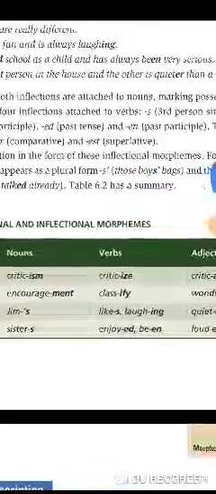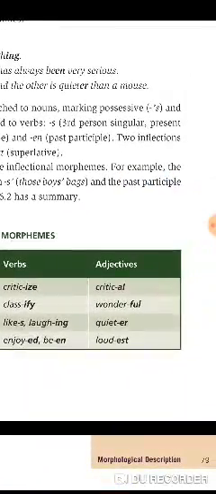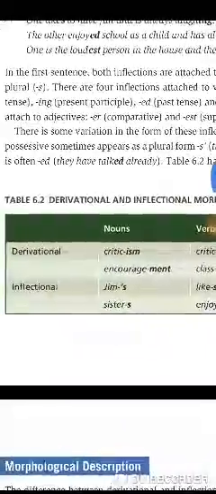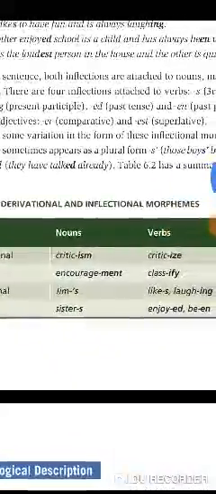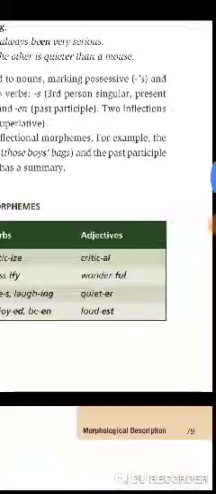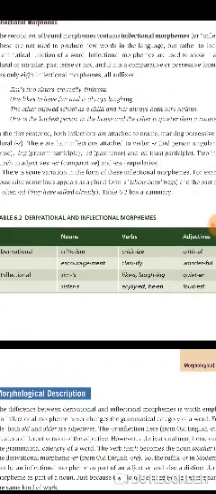Or a verb, criticize. Or adjective, critical. The next one, encourage. Encouragement, okay? Another derivation. And classify, we talked about this. Wonderful, this is another example. But now let us look at inflections. Gens, apostrophe s in this. It's a kind of inflection.